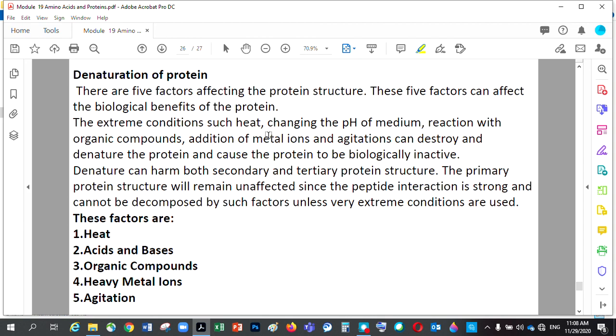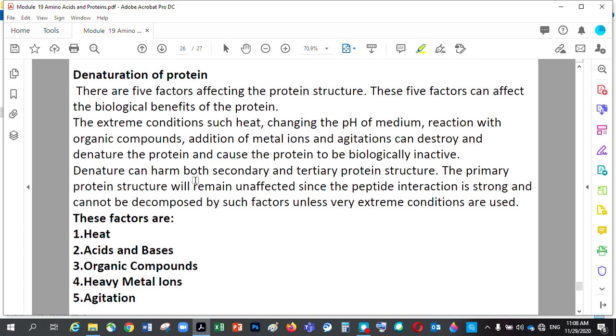So the five factors I just mentioned can affect the biological benefits of the proteins. The extreme conditions, as we said, such as heat, changing the pH, interaction with organic compounds, addition of heavy metal ions, and agitation of the proteins, will destroy and denature the protein, causing it to be biologically inactive.